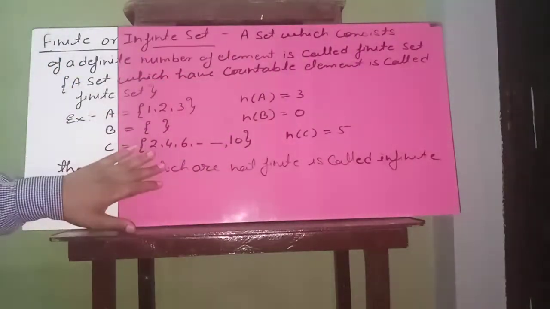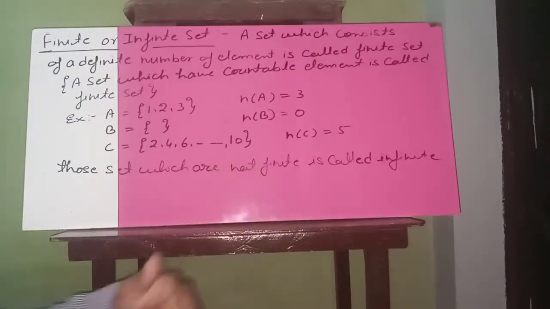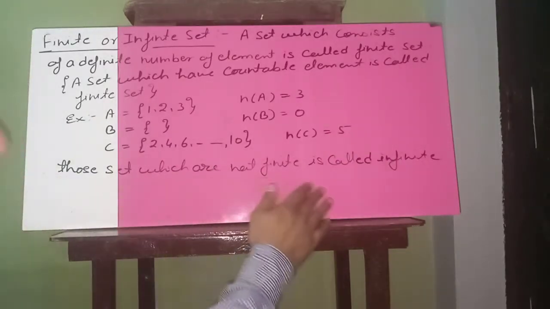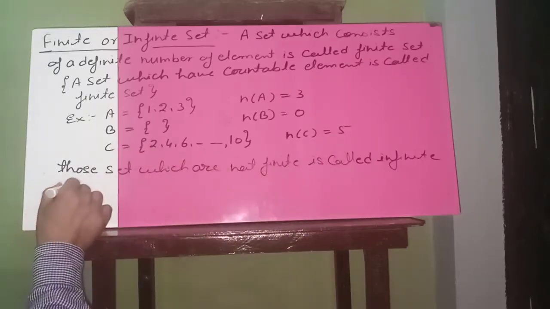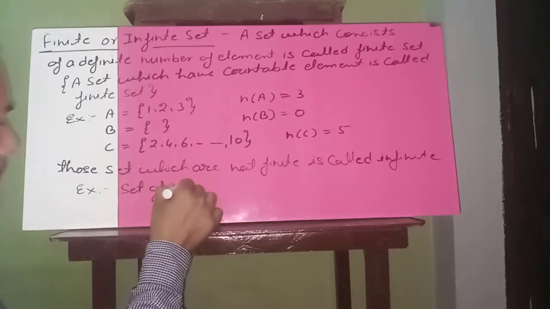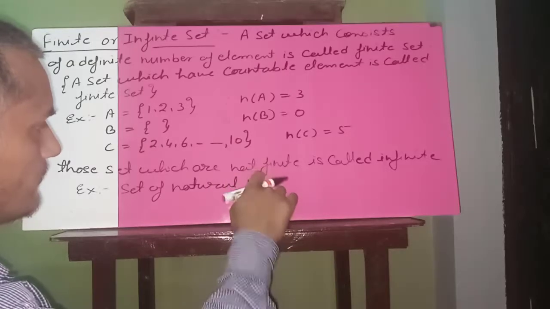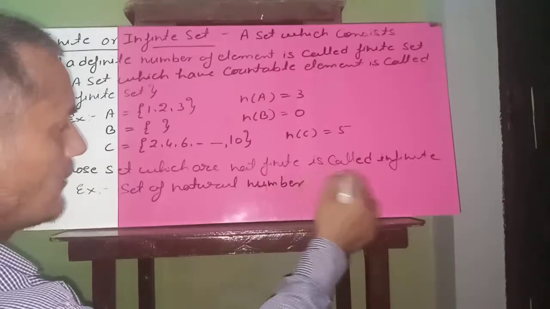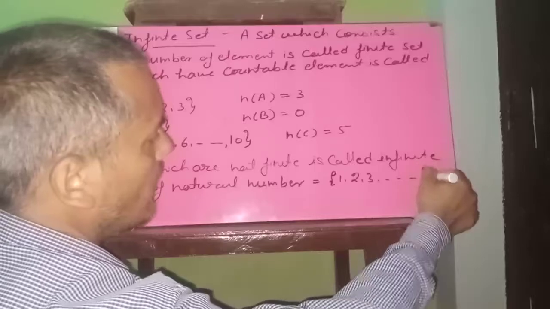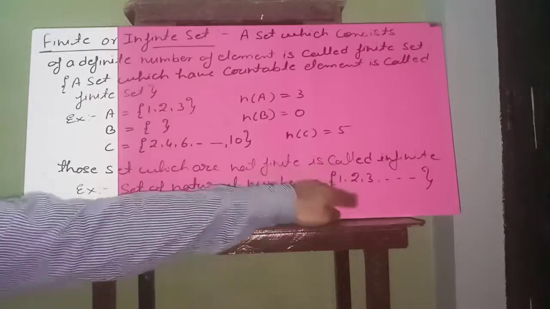It means a set which has uncountable elements; if you cannot count the elements of a set, it is an infinite set. For example, the set of natural numbers {1, 2, 3, ...} is an infinite set because the number of elements is not countable.